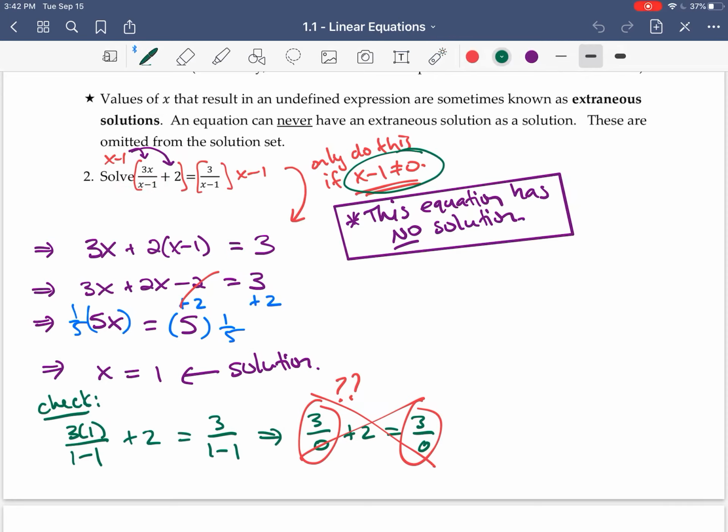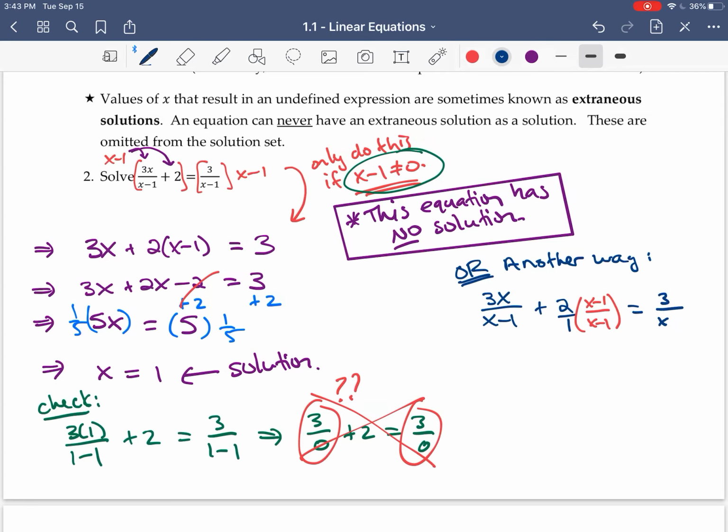There is another way to solve this. I'm just going to do it over here on the side. What we could do is make a common denominator. So we could make everything over x minus 1. The plus 2 is like plus 2 over 1, so I'd have to multiply by x minus 1 over x minus 1.